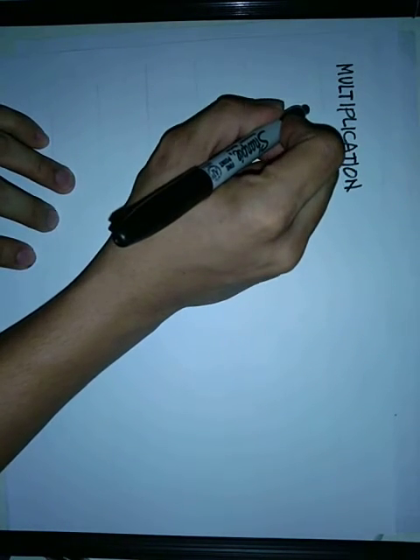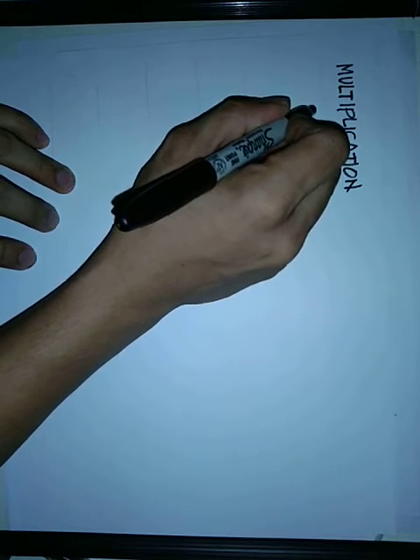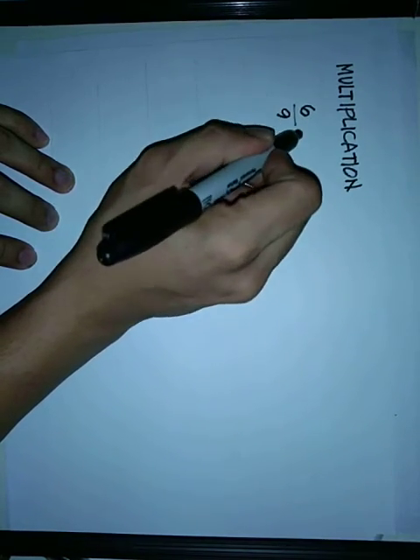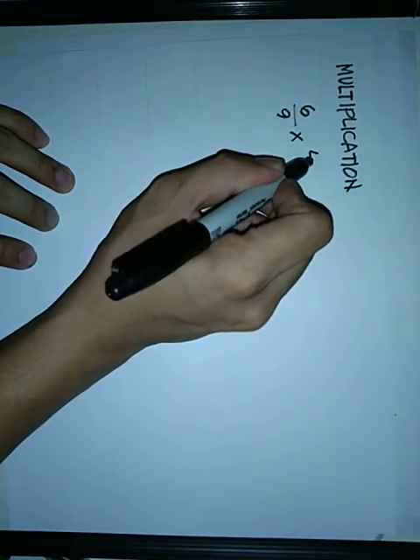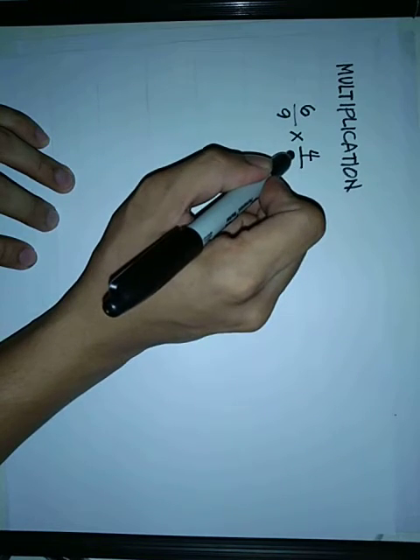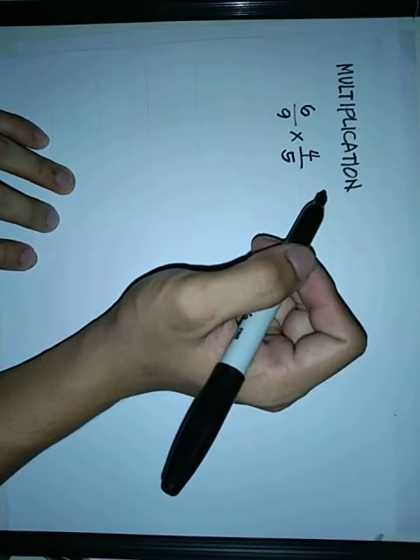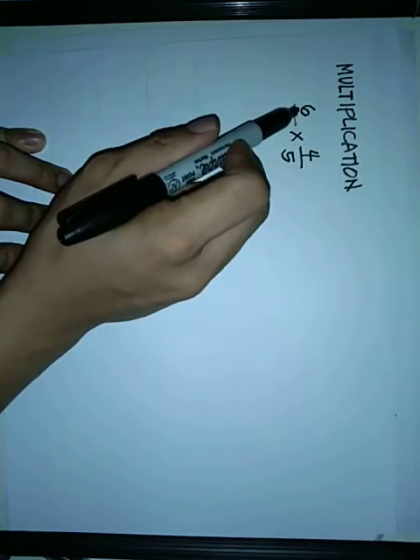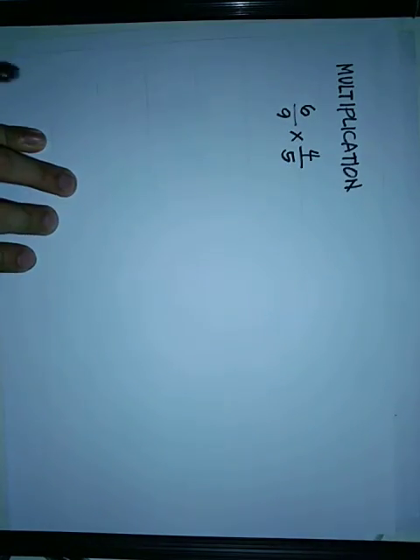For example, we have 6/9 times 4/5. So all we have to do is to multiply yung ating numerator by its numerator.